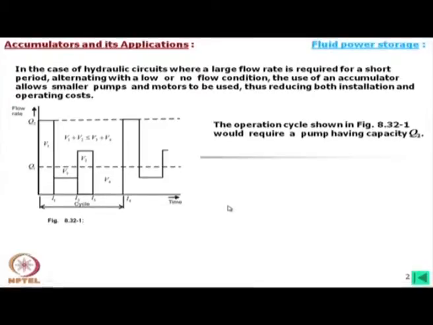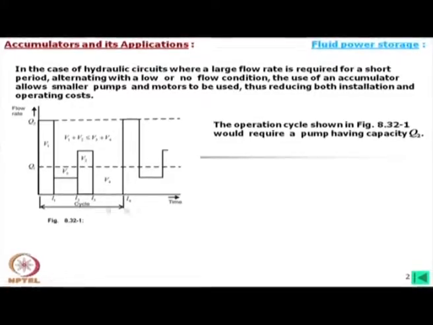Now, if we look into the operation cycle of any system which would require a pump having capacity of Q 2, okay, then what we can do, say initially it needs V 1 and then V 3, then volume V 2 and then V 4 and so on.